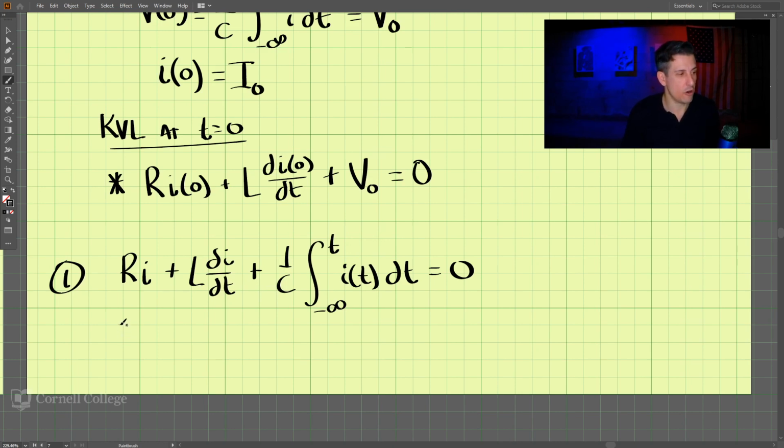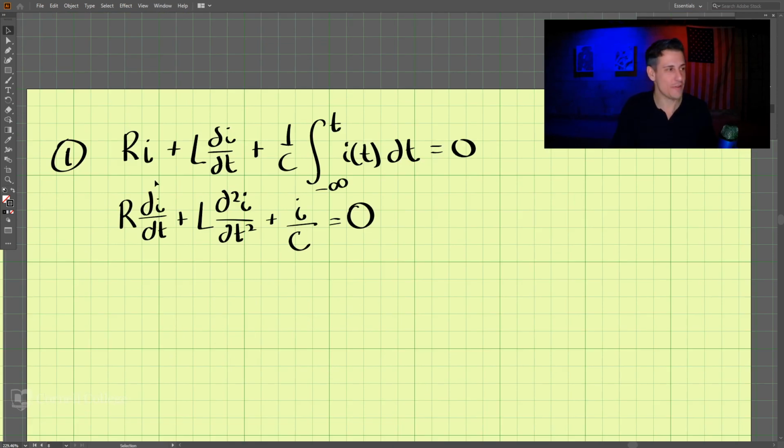So what we get is R di/dt plus L d squared I/dt squared. And this, we just get I over C equals 0. Now that we have this equation here, we did this by differentiating equation 1 with respect to time.